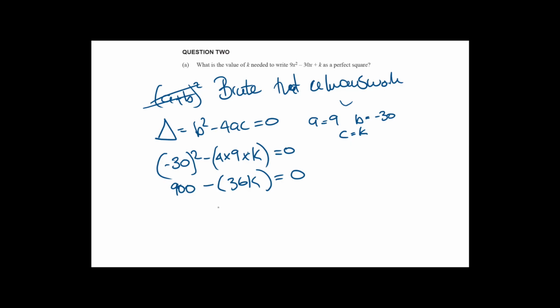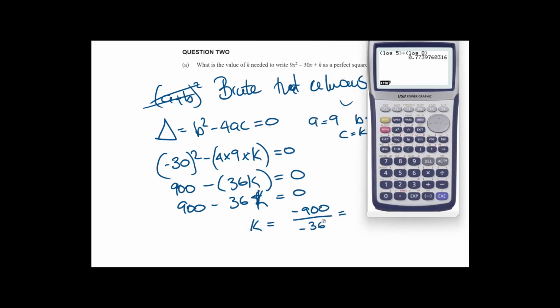So we can get rid of those brackets. 900 minus 36k equals 0. So let's work out k. k is going to be 900 divided by 36, and I have no idea what that is off the top of my head.